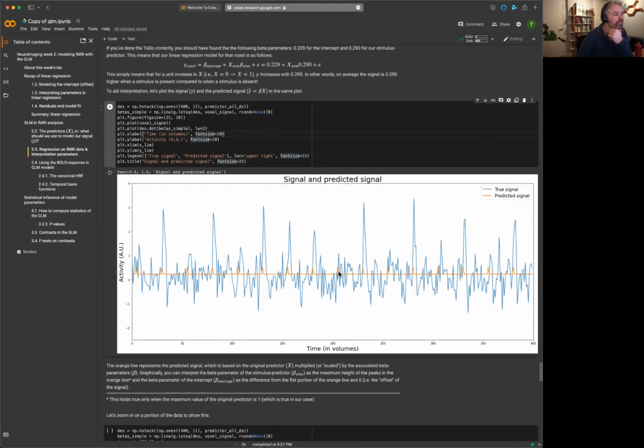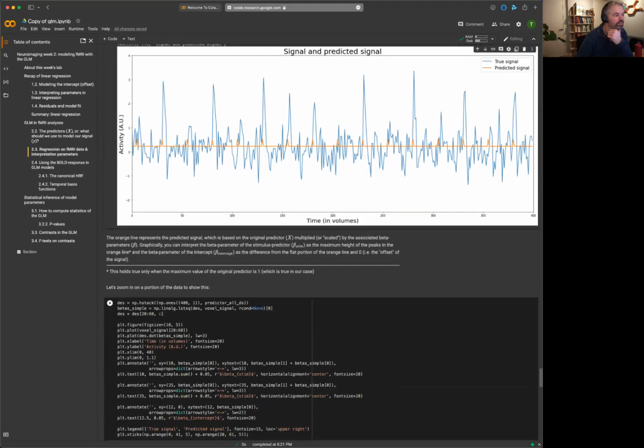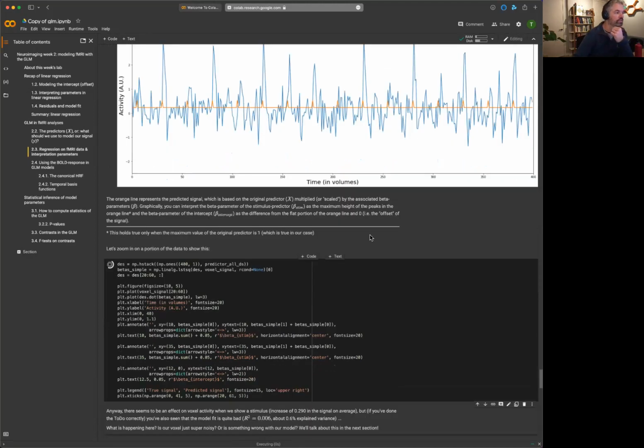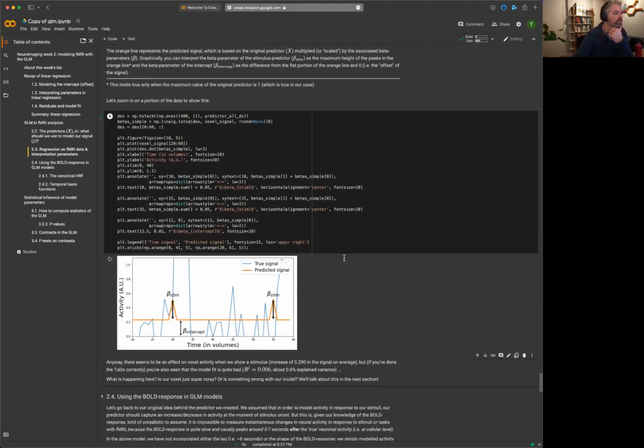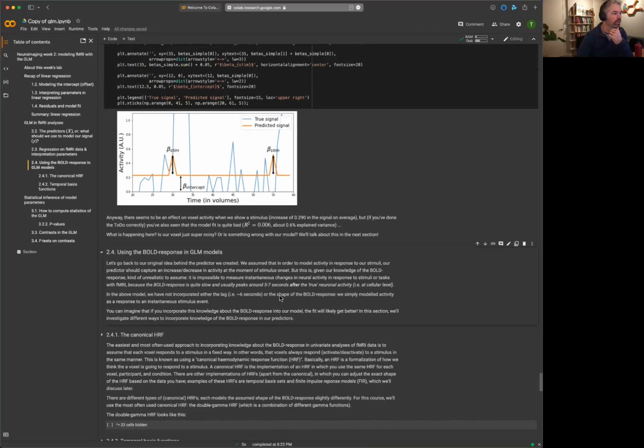So here we have our best fitting explanation of the time course, but we're not really explaining much of the time course, are we? Let's have a look at this. Here we have our beta intercept, here we have our beta stimulus, and there's just a lot of signal that we're not explaining here, and that is problematic.